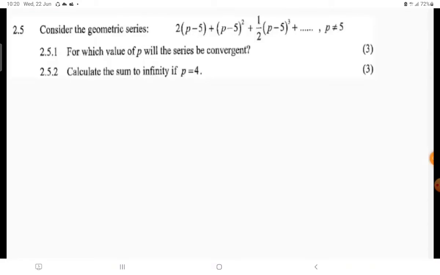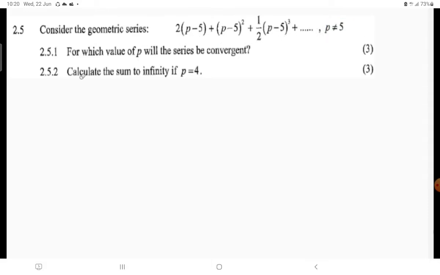Let's look at this question together, and also be reminded that you are always free to try the question before you come for watching the solution. 2.5 reads as follows. Consider the geometric series, and you are having these first three terms, and p must not be equal to 5.